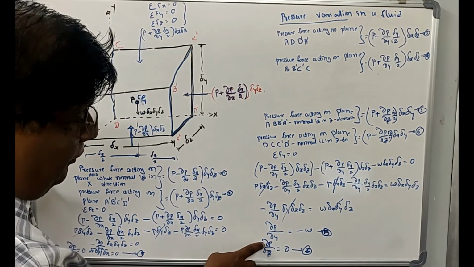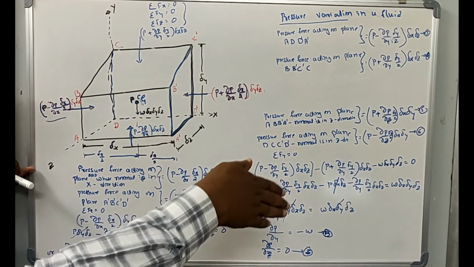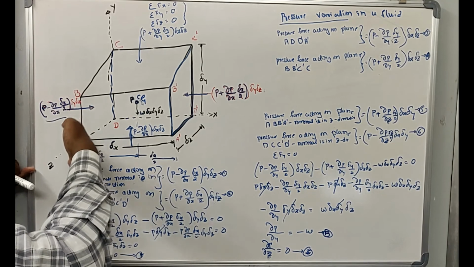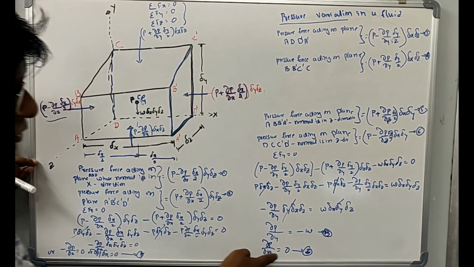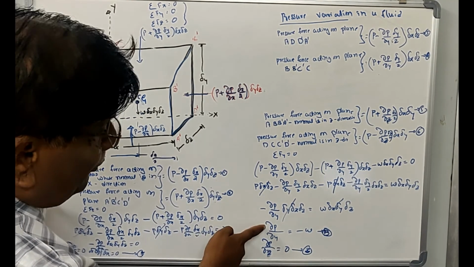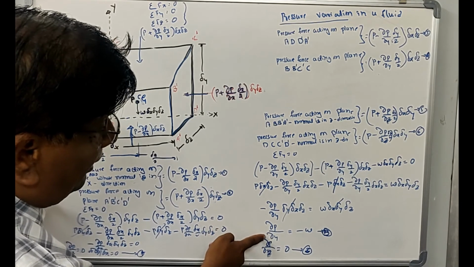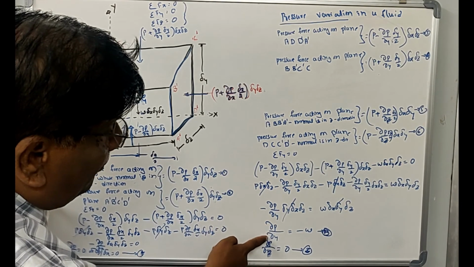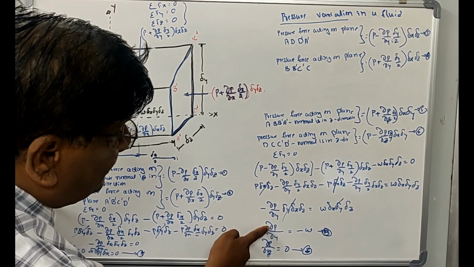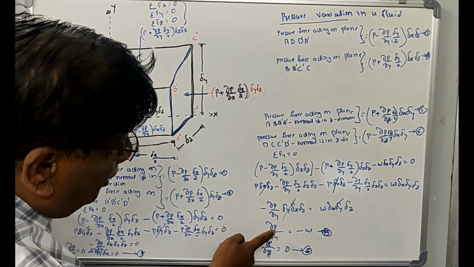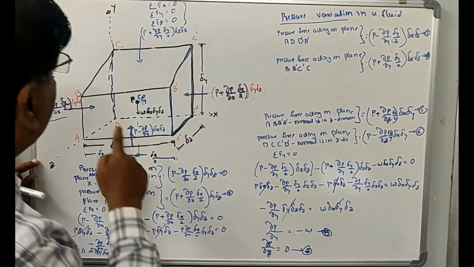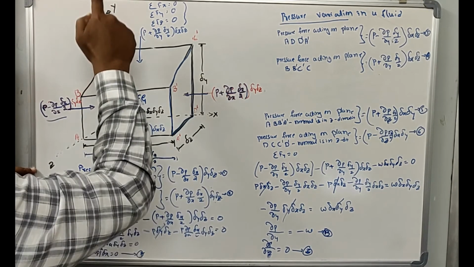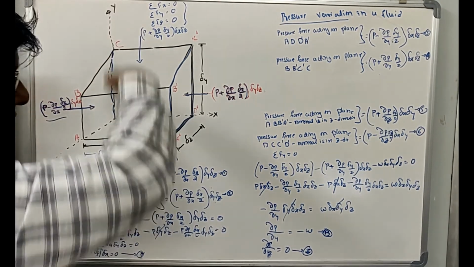Then the pressure variation in the z direction is also 0. But the pressure variation ∂P by ∂y, what is this? The physical meaning of this is the variation of pressure with respect to y, which means in the vertical direction.